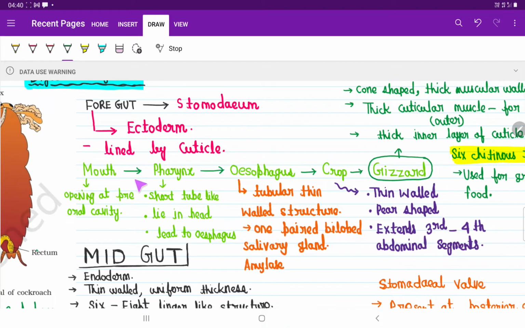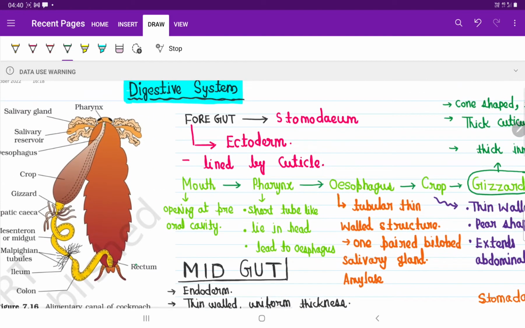So mouth, pharynx, esophagus, crop, and gizzard are the parts of the foregut. The inner lining of this foregut has cuticle.